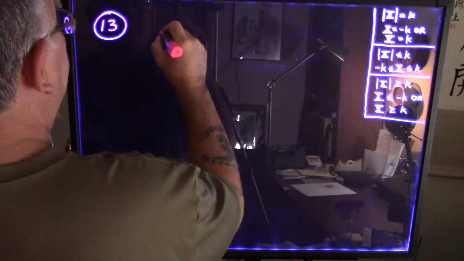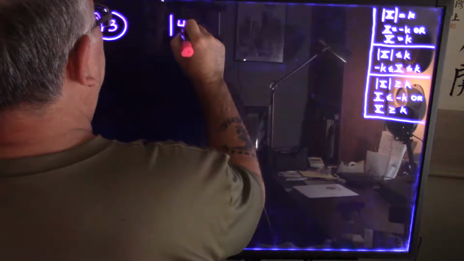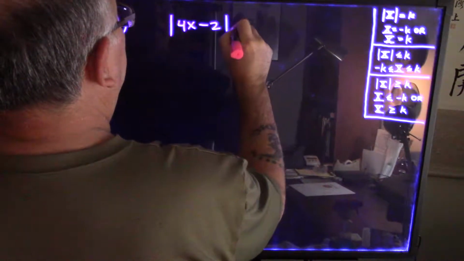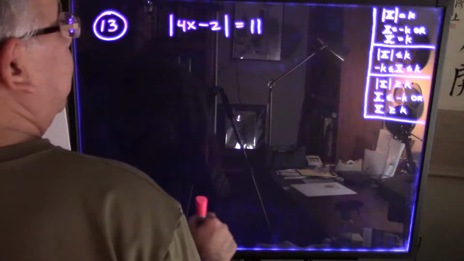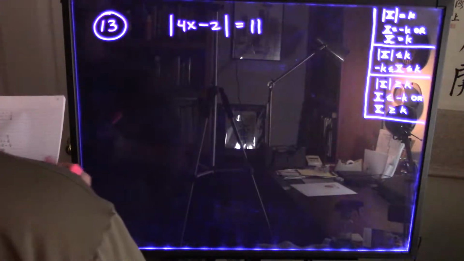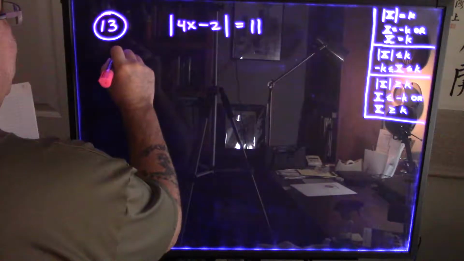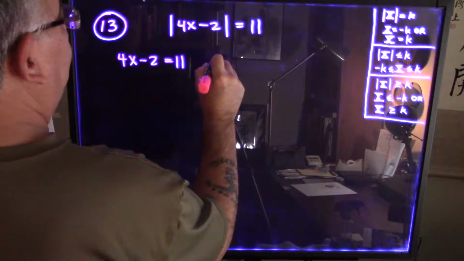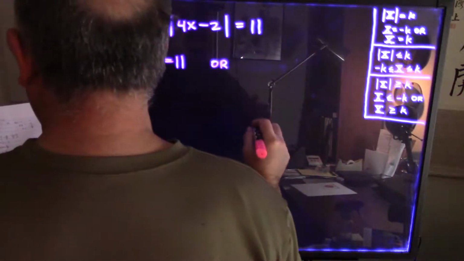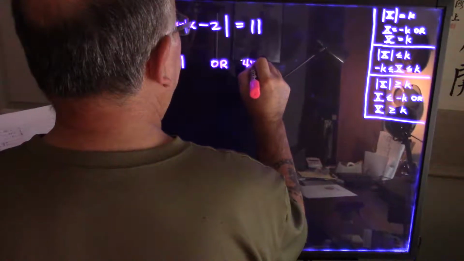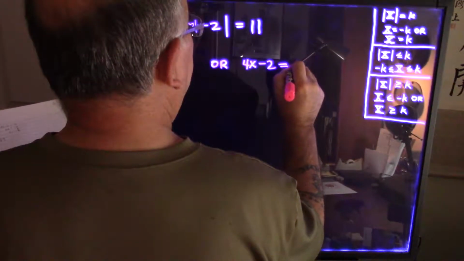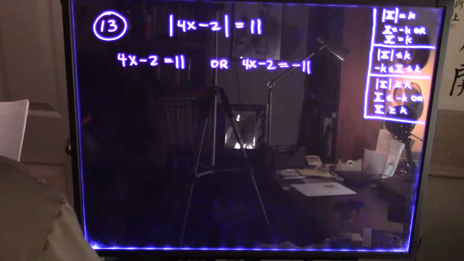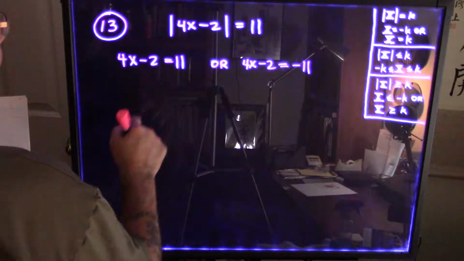Number 13, absolute value of 4x minus 2 is equal to 11. So again, we have this first situation here. So we've got 4x minus 2 equals 11, or 4x minus 2 equals negative 11. Solve those separately. And so we've got adding 2 to both sides on this one.